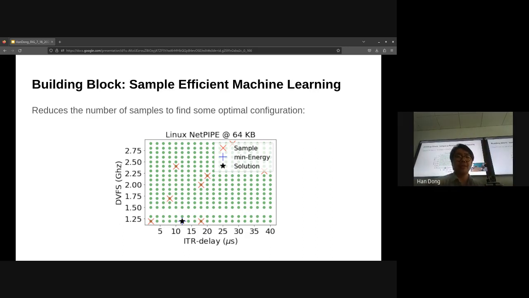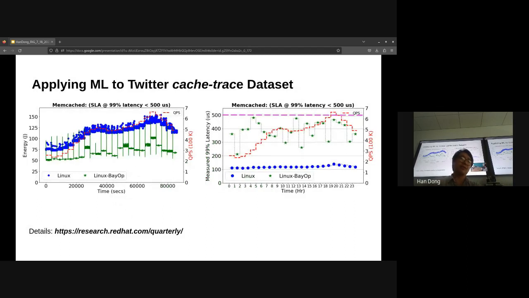That's where the next part of the work evolved to, where we started applying this technique to a real world example based on workloads it hasn't seen before. So in this figure, we built a system that every hour would query the energy and the current latency of a web service that's running Memcached.